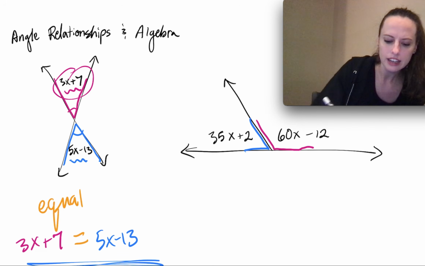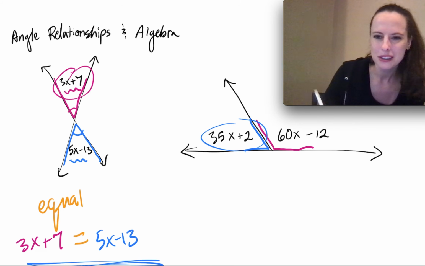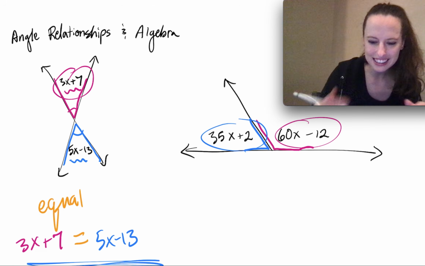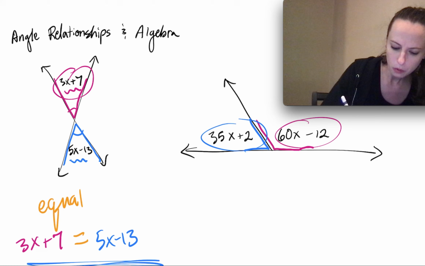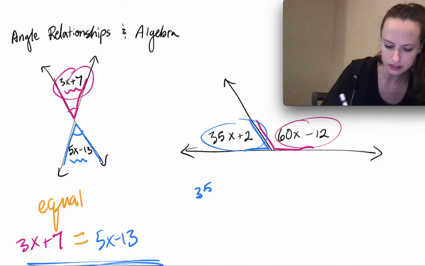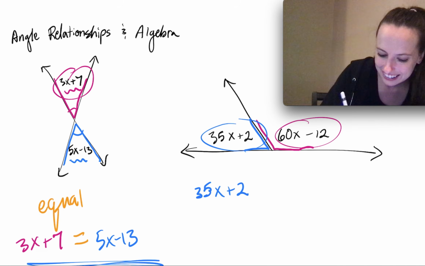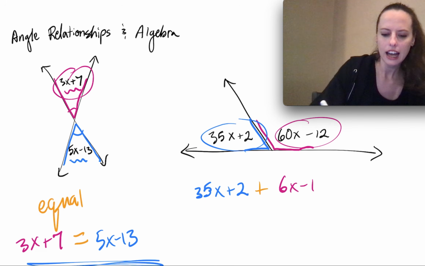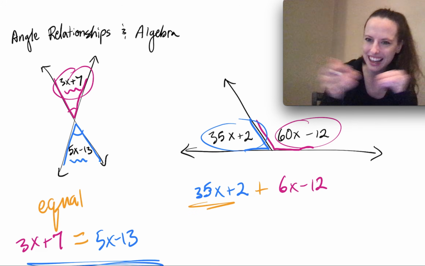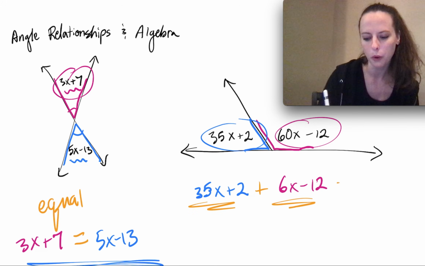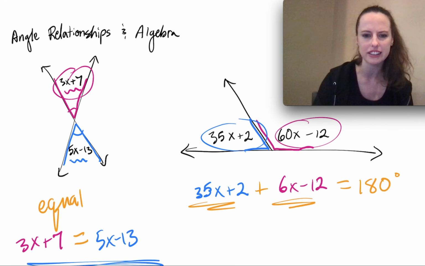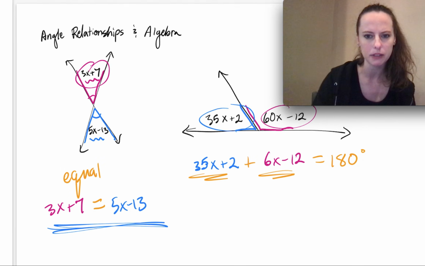So these angles have to add up to 180. So we're going to do the same kind of thing setting up the equation, but this time we'll have 35x plus 2, and we'll add that to 60x minus 12, and we'll make those two things added up equal 180.